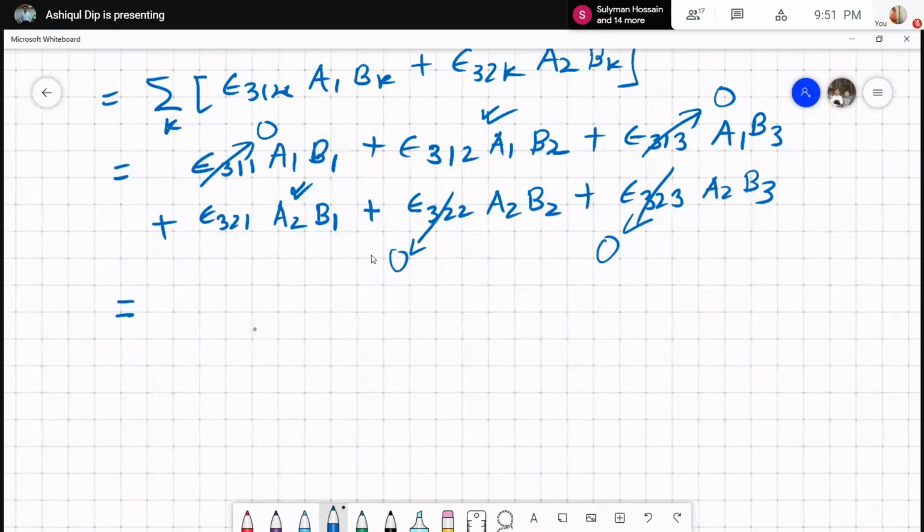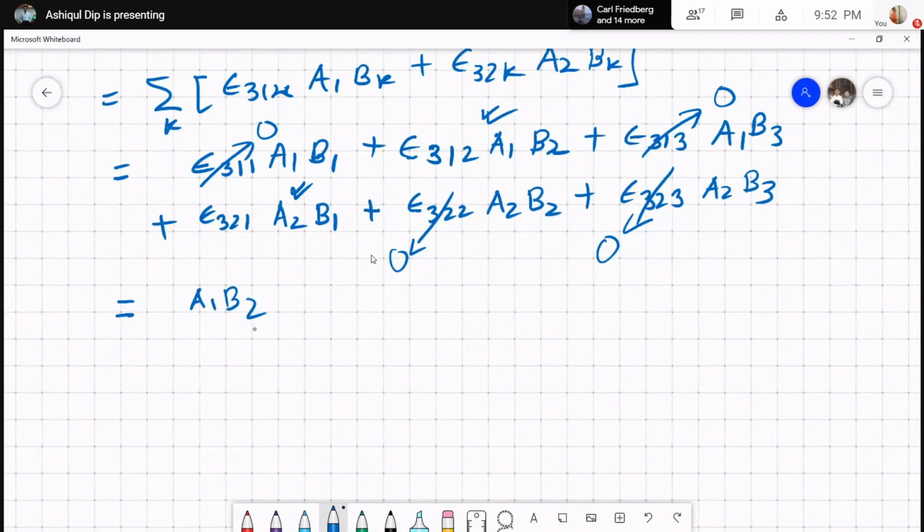Okay, so what is epsilon 312? Is this permutation even or odd? It's an even permutation. It goes like 312, right? So it gives you plus 1. That means a1 b2. And epsilon 321, what is this?